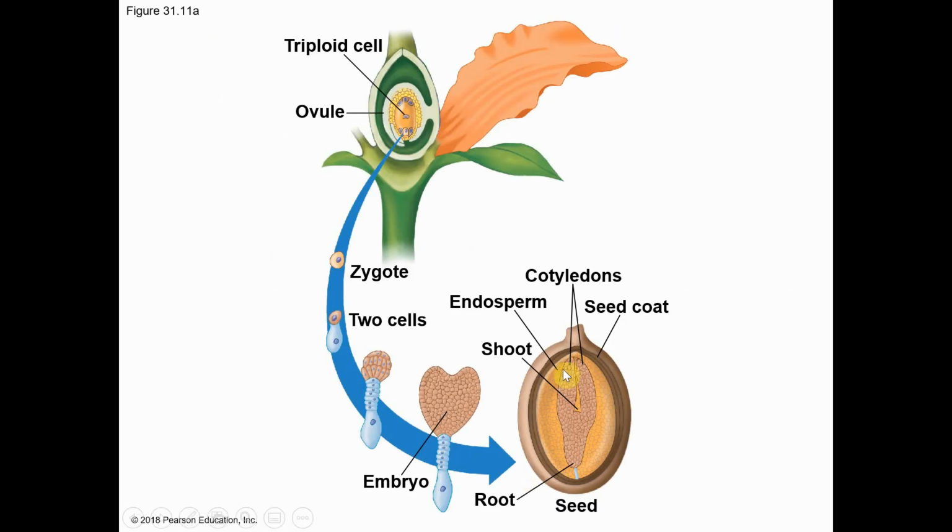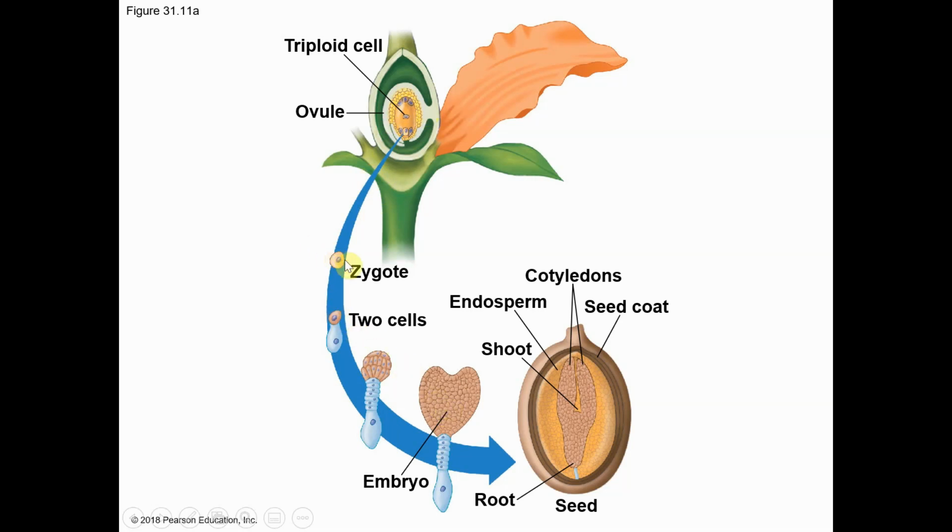And so that's what you see here, that ovule. The outer portions, remember, are integuments. Those are outer protective coverings. And so those will start to develop into a seed coat. The zygote will divide and grow into the embryo.